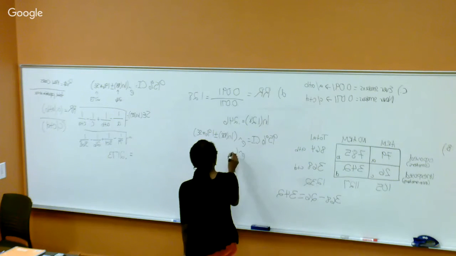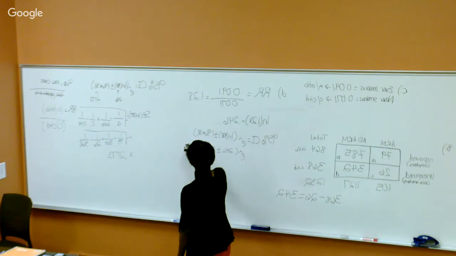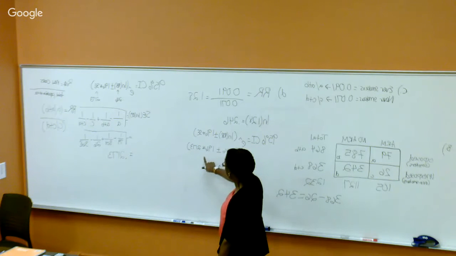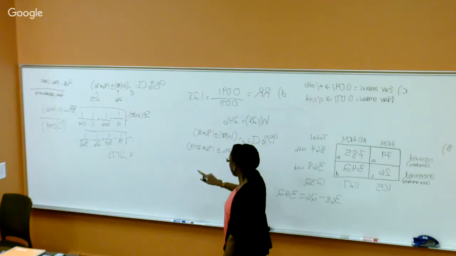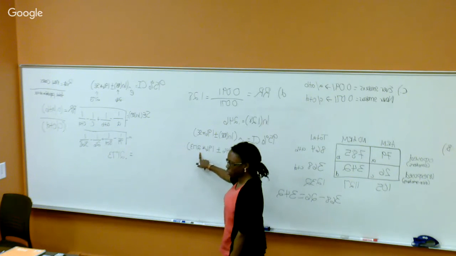The relative risk we said was 0.246, and then you're doing plus or minus 1.96 times 0.2173. You do this part first since it's multiplication, then add that to 0.246 and subtract it from 0.246. Let me know what you get from this part.